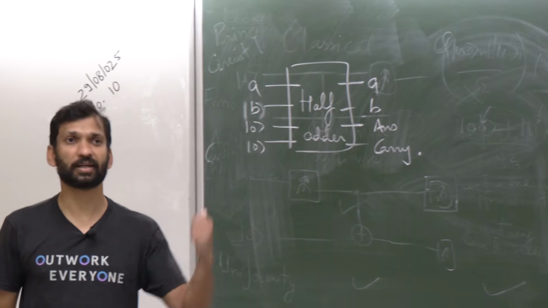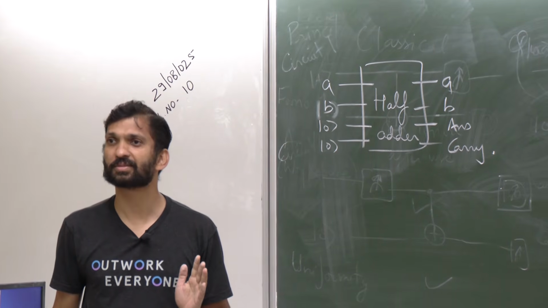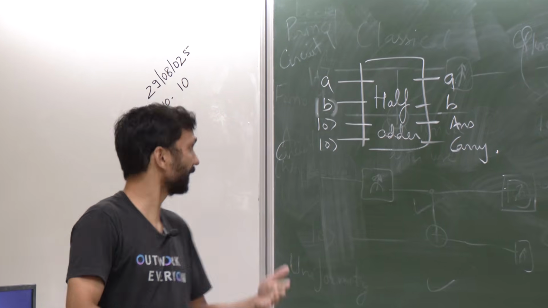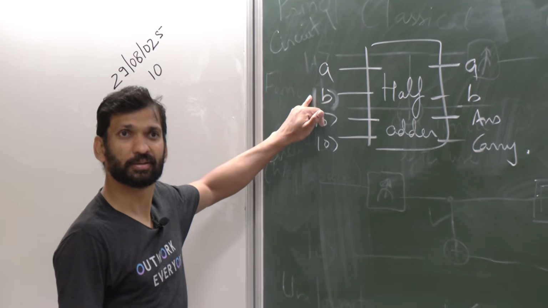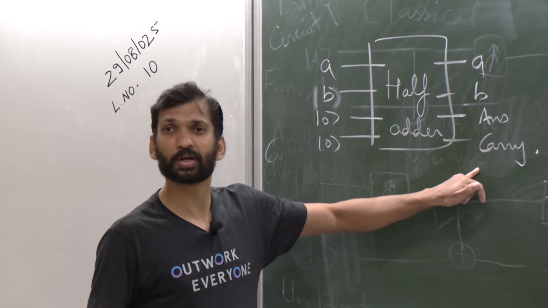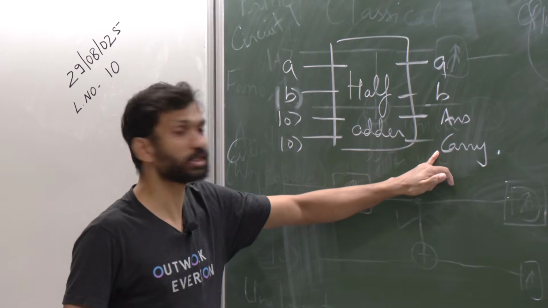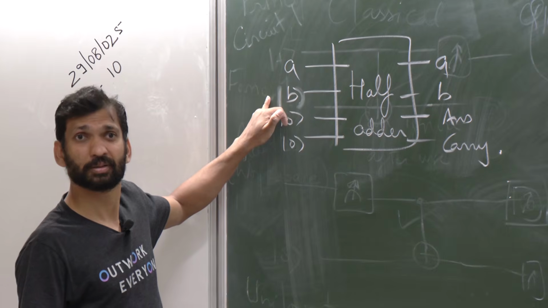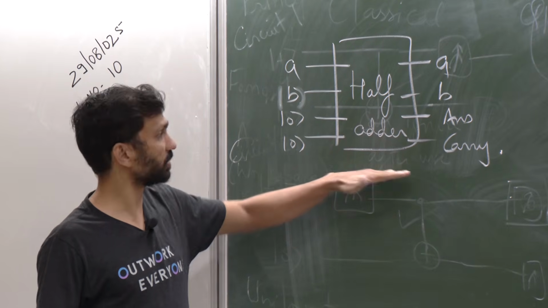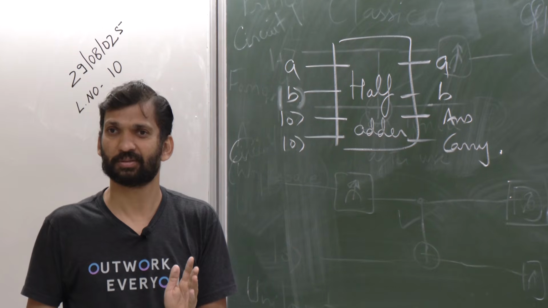It's going to calculate answer and carry in the 2 ancilla bits. Okay. And clearly, if I have AB, I know all these 4 numbers. If I know all these 4 numbers, I know AB. Right? So this is definitely reversible.